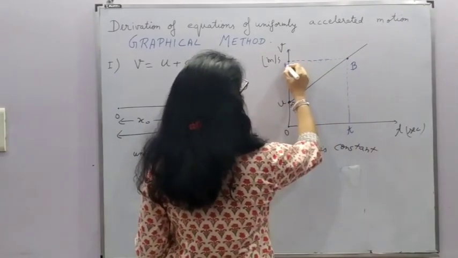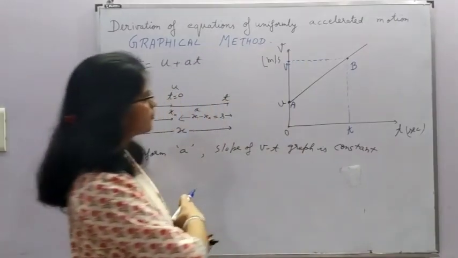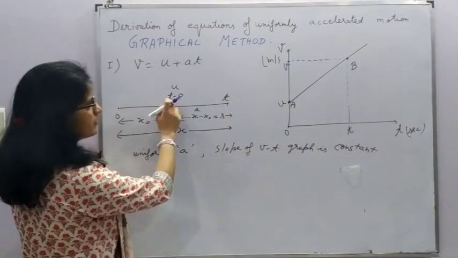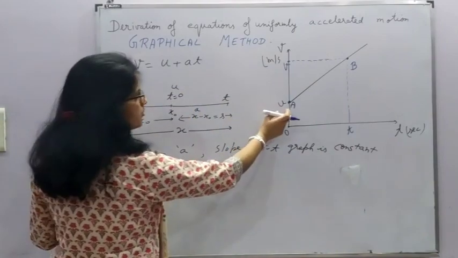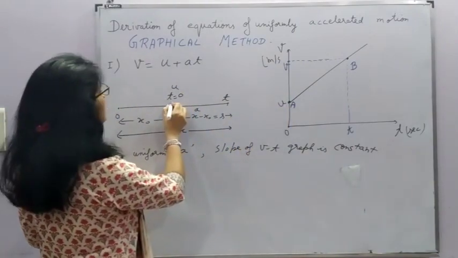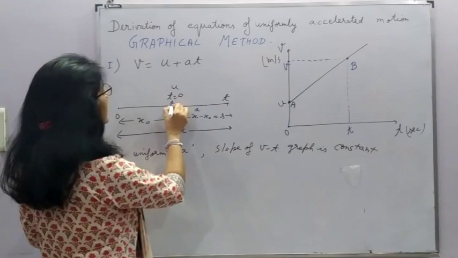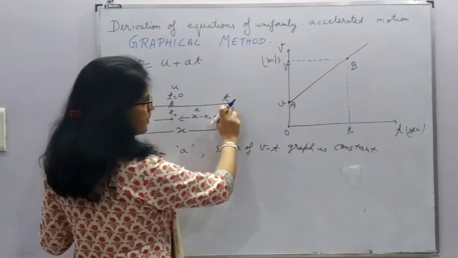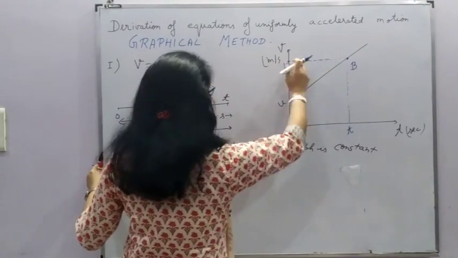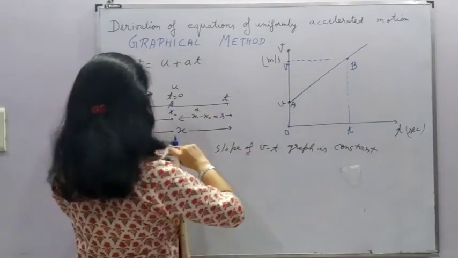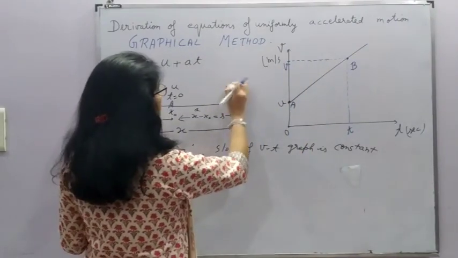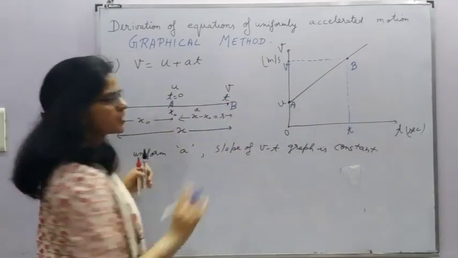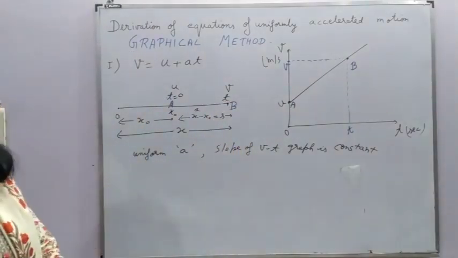So according to this figure, at time t is equal to 0, the initial velocity is u, and this point I am naming as A in the graph. And the point where time t has elapsed and the velocity is v, I am marking as B in the graph.